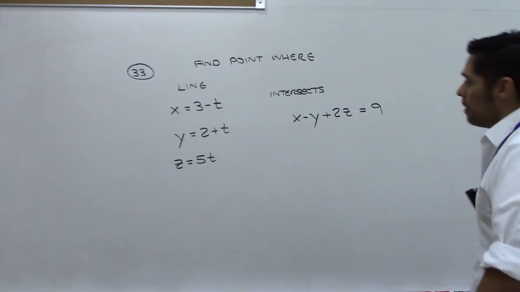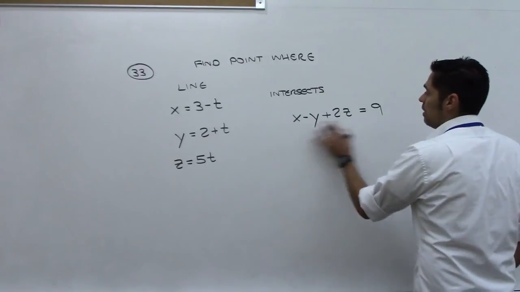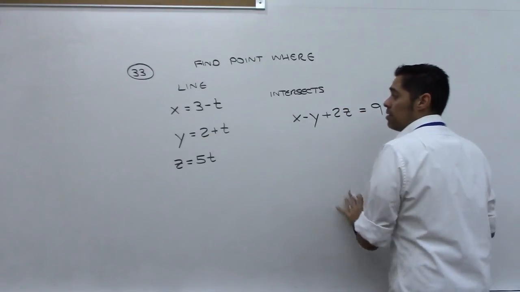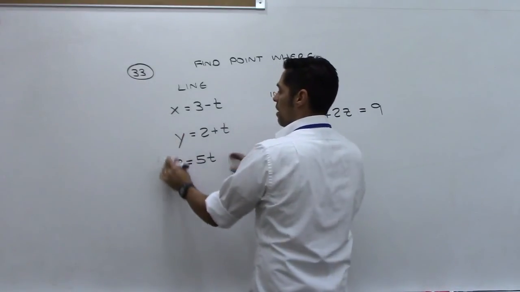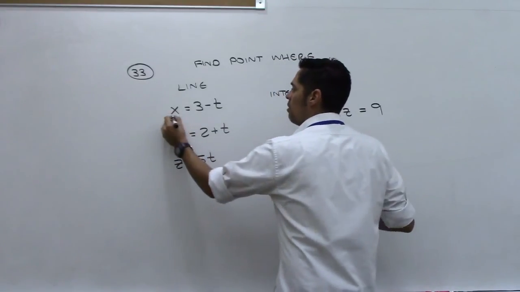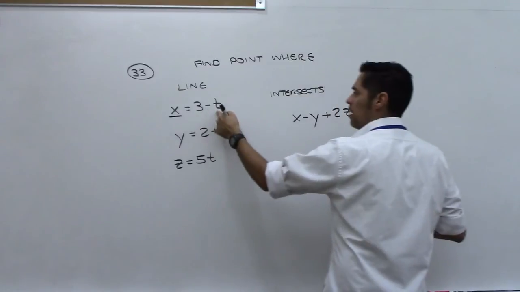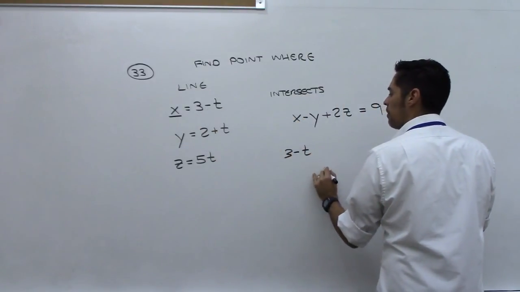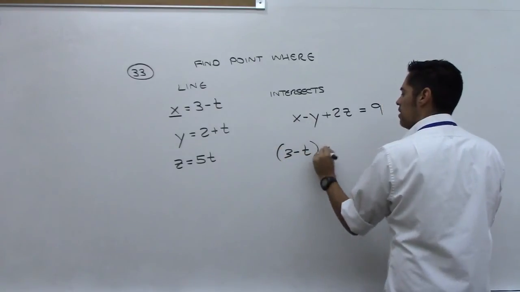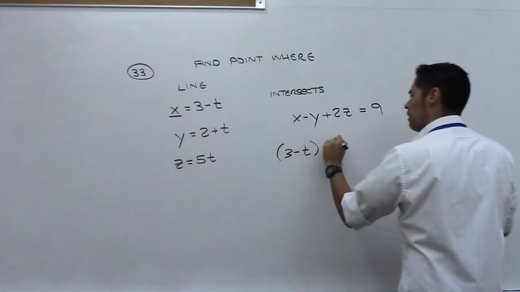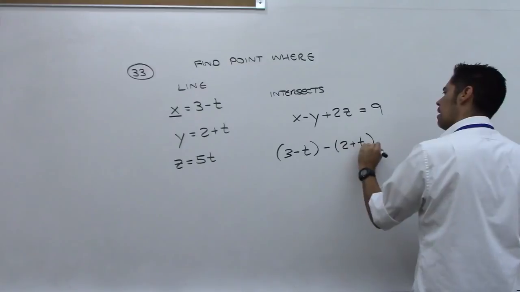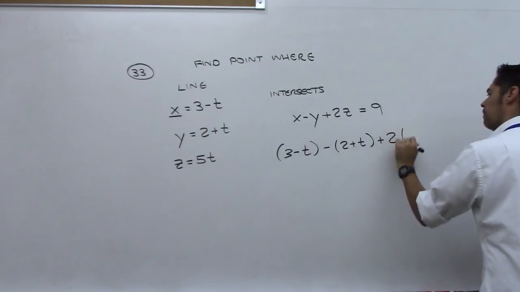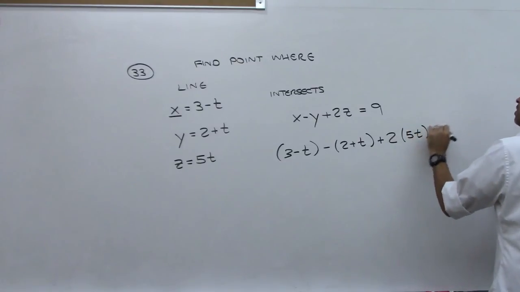All right, well, in order to live on this plane, this equation must be true. In order to live on this line, these three equations must be true. So we know what the value of x must be. It must be 3 minus t. So if I come over here and I replace x with 3 minus t, and then go minus, and then I replace the y with this, 2 plus t, and then plus 2 times z, but z is 5t, that must equal 9.